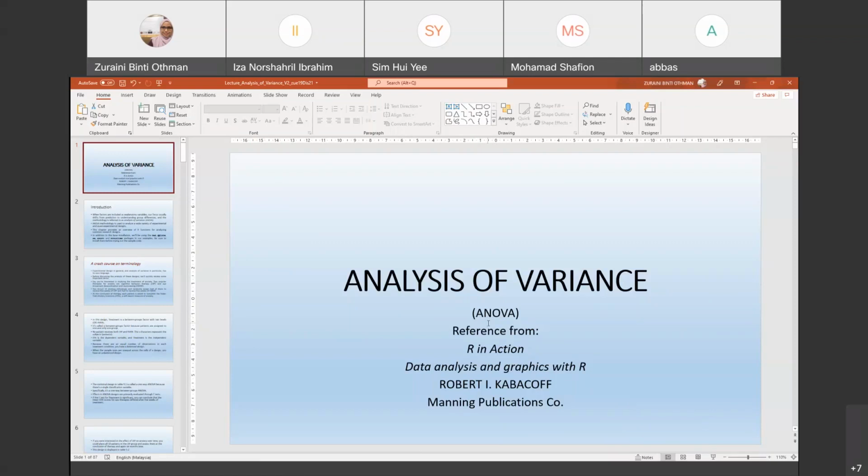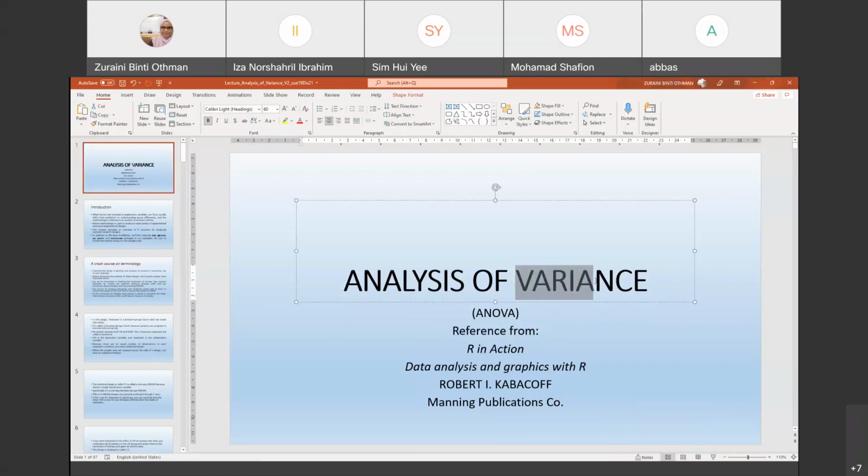If you don't remember what variance is, please look at the introduction to multivariate analysis previously. I already put the definition of variance. But in analysis of variance, we want to know the variance.